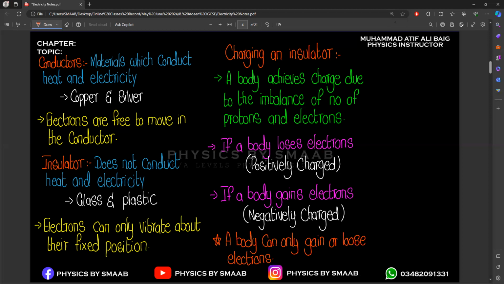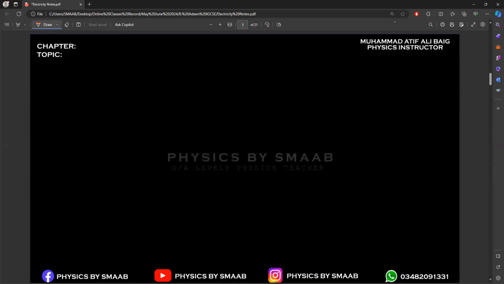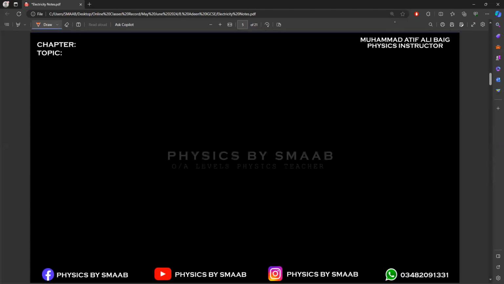So let's suppose the procedure for charging an insulator will be like this. If we consider one example, the method we are going to use is charging with the help of friction. The concept included in your syllabus is charging with friction.